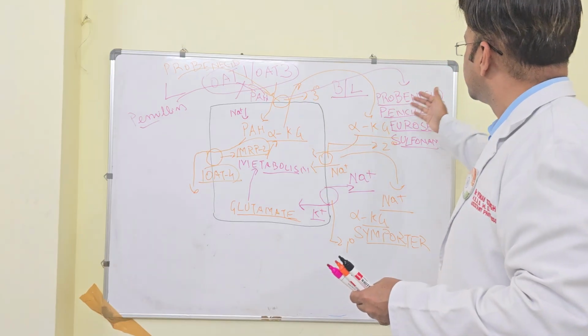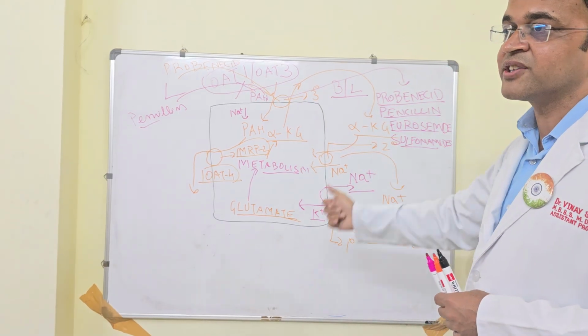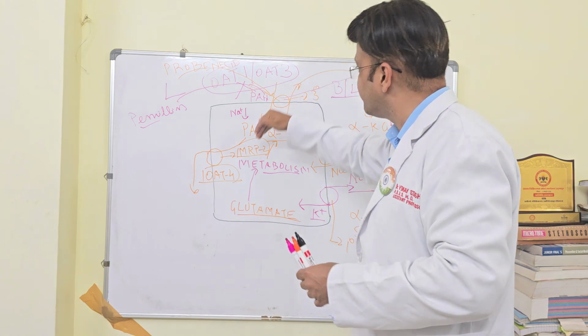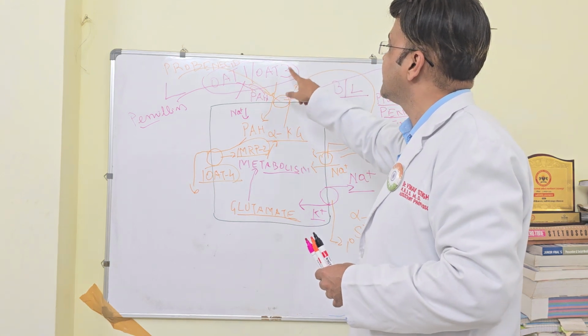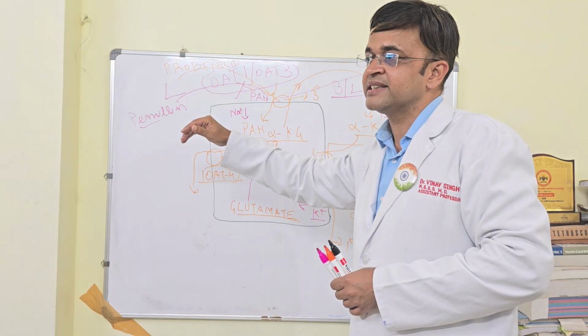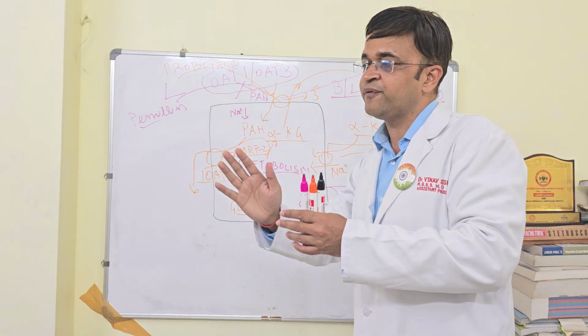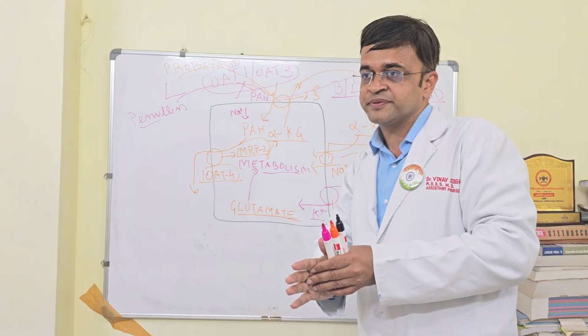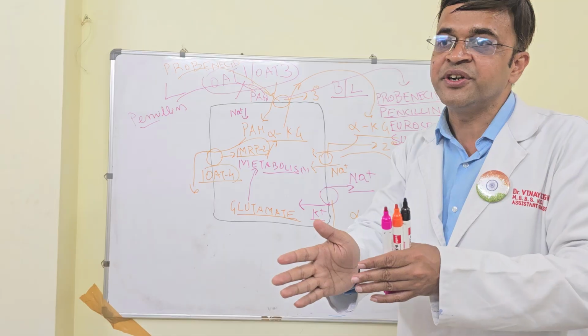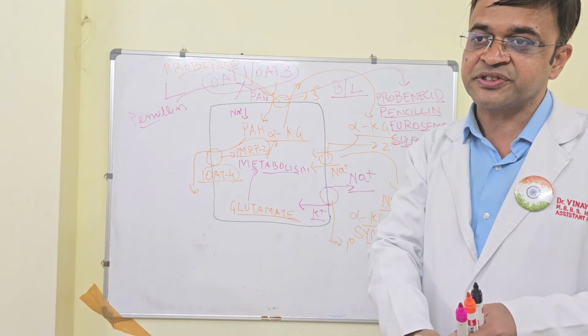Now many drugs, probenecid, penicillin, furosemide, sulfonamide, use these same transporters, OAT1 and OAT3, to enter inside the cell, right? So if you give one of these drugs along with the other drug, they will compete with each other and reduce each other's excretion.